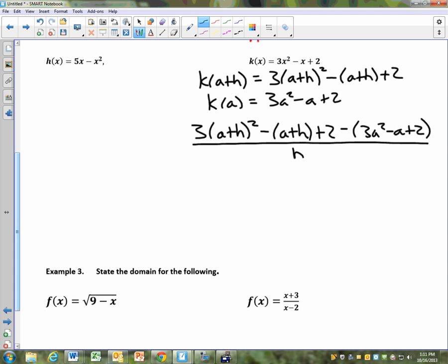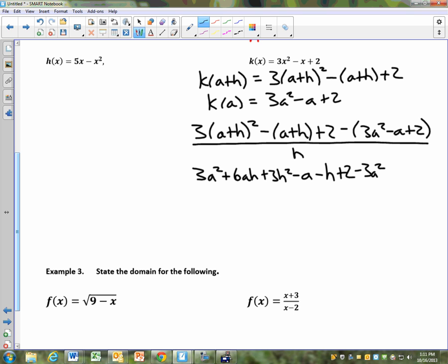I square out the a plus h, I get a squared times 3, 3a squared. What do you get in the middle? 6ah. Very good. What do you get at the end? 3h squared. Minus a. Minus h. Plus 2.